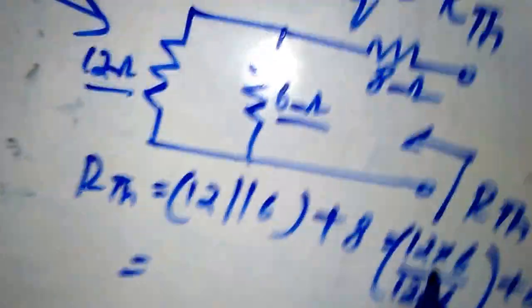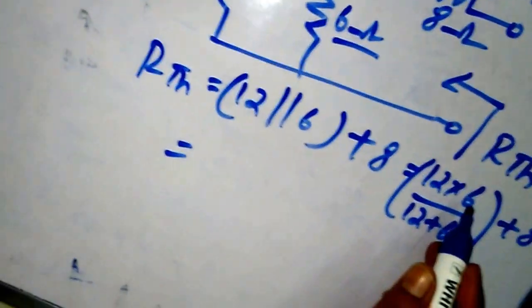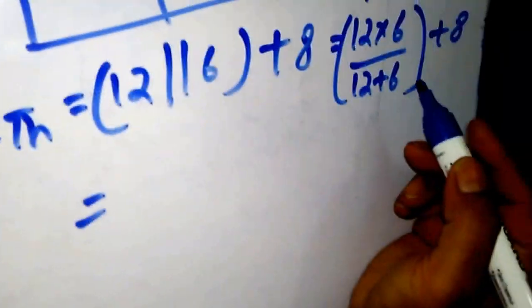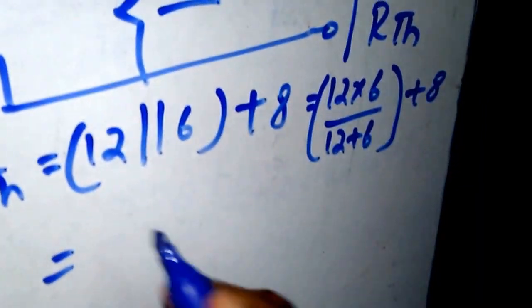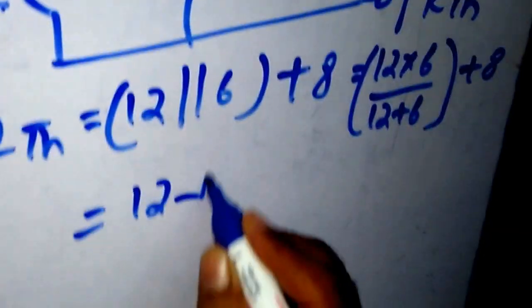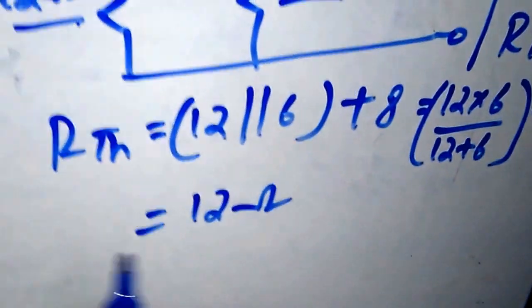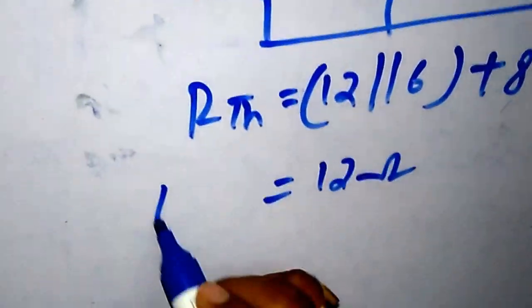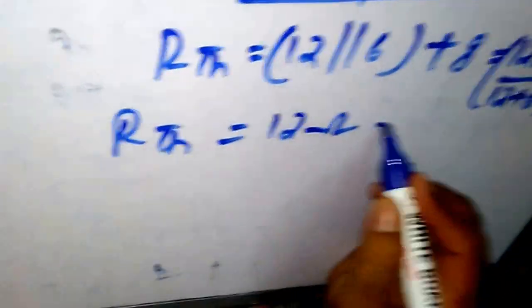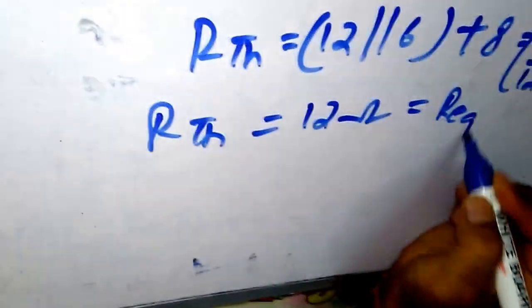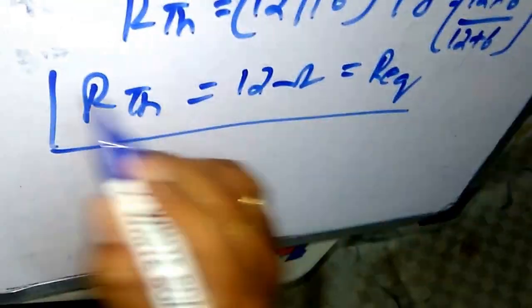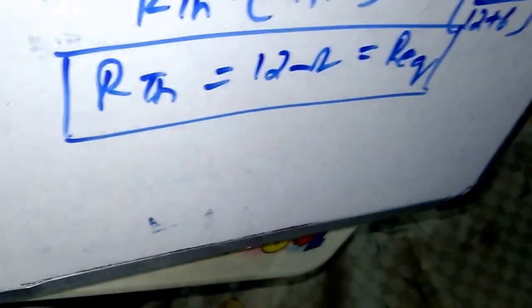The first one you get is 12 into 6, 72 by 18, which is 4. 4 plus 8, you get 12 ohms. R equivalent or RTH, you obtained it as 12 ohms.